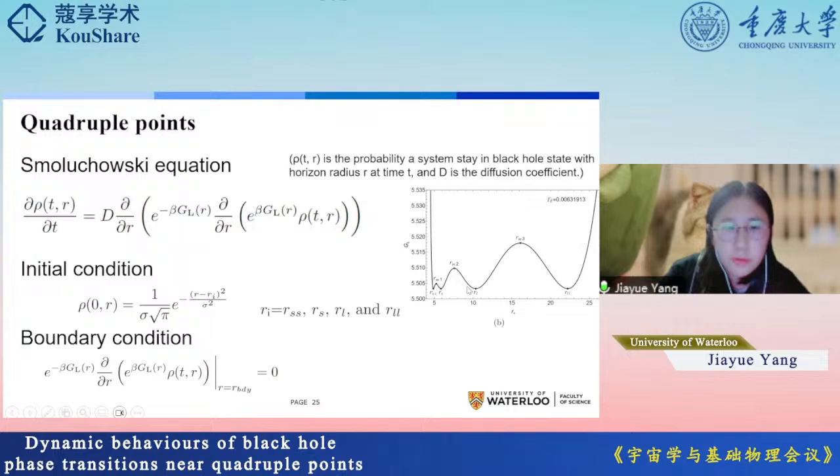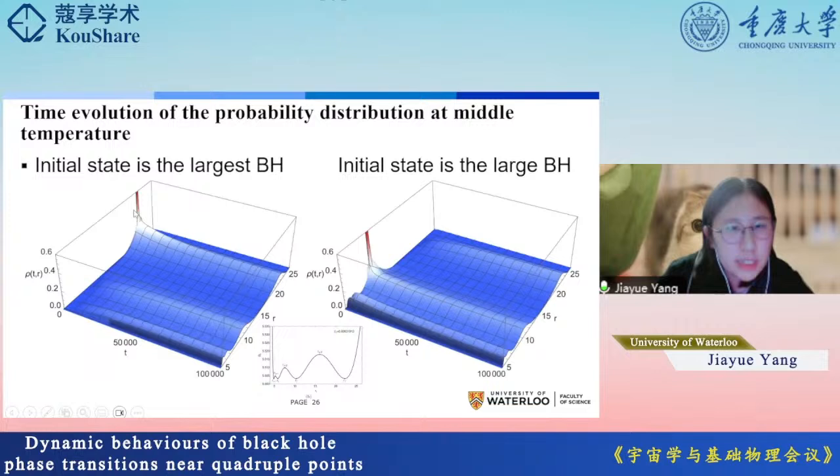So here, first, I worked at the intermediate temperature, in this case the black curve. In the first one, I assume the initial state is peaked at the largest horizon radius. And as we can see, as time goes by, the probability of this largest black hole phase decreases. The peak decreases as time goes by.